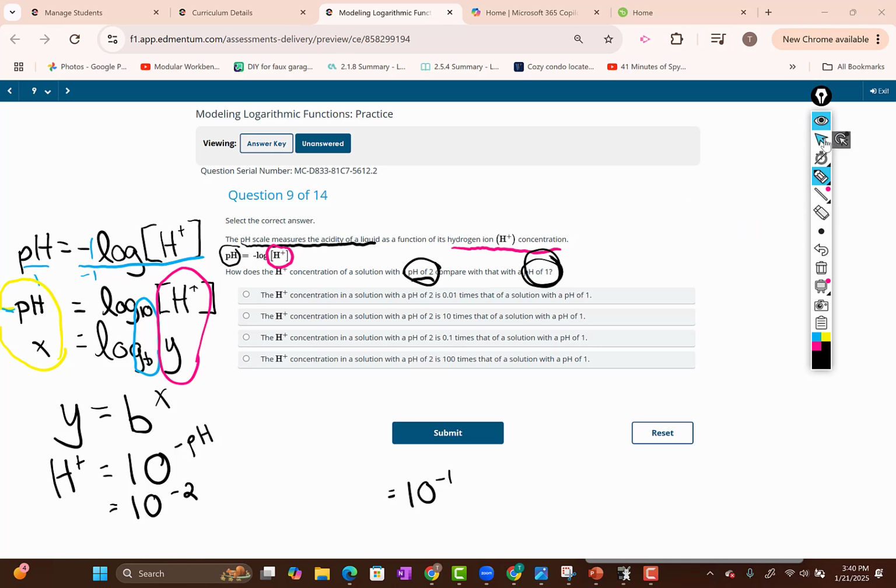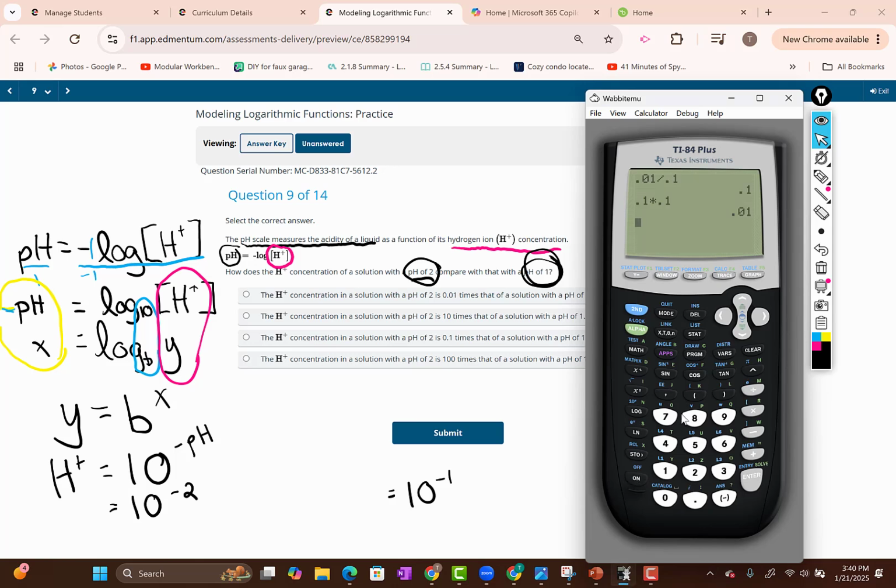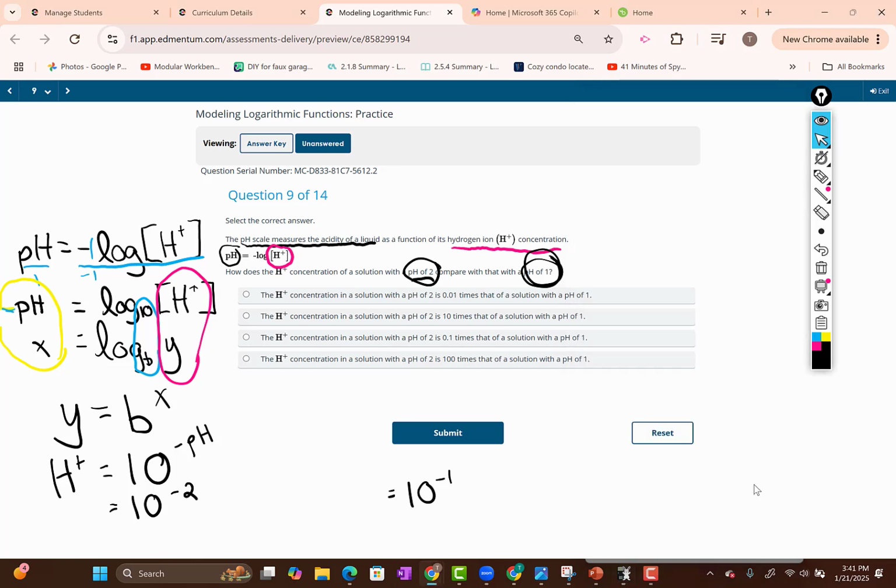So we'll obviously, not necessarily obviously, but a calculator will help. 10 raised to the negative second power is 0.01. 10 raised to the negative 1 power should just be 0.1. And ultimately, those are the two numbers we're comparing in this problem.